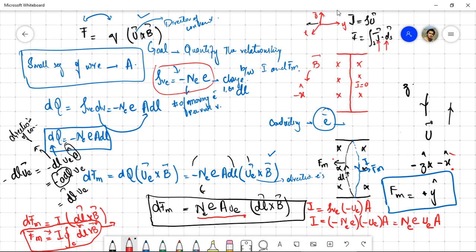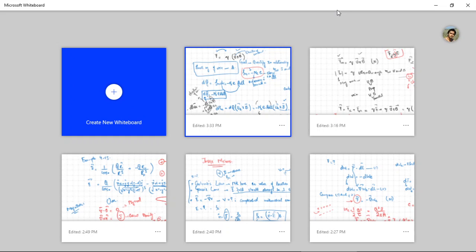If we put all these values into this equation, then we will be able to accurately calculate the value of the magnetic force acting on this thing. So the goal for today's lecture is accomplished by this derivation of this expression.